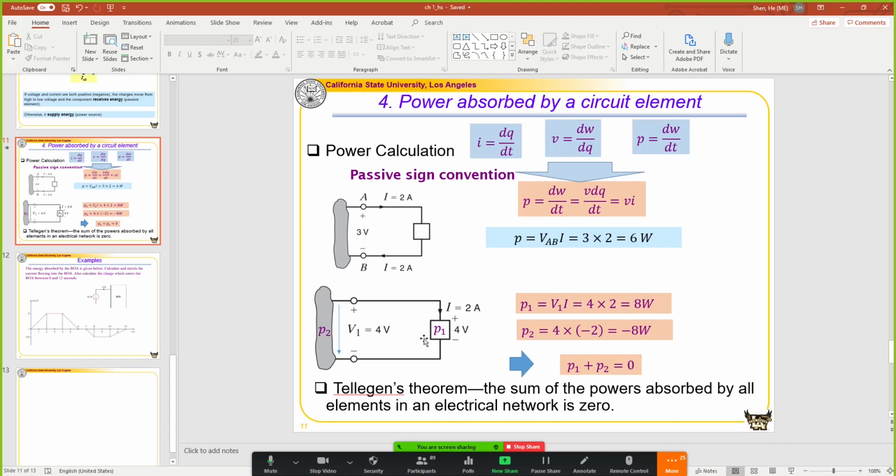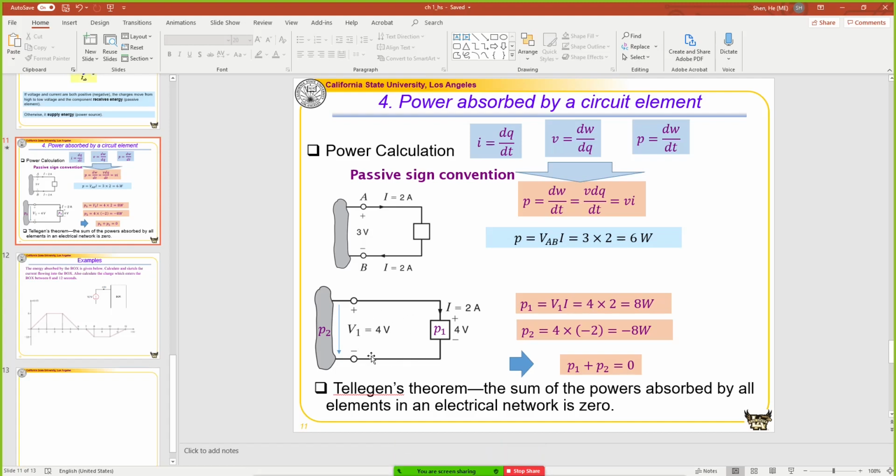This current basically goes this way. But this current I, that is the same current, but it's defined to go this way. So we know that this current I2, the current that I define over here, is equal to negative 2 amps. So I can use the power calculation: this is 4 volts times negative 2 amps, which is equal to negative 8 watts.